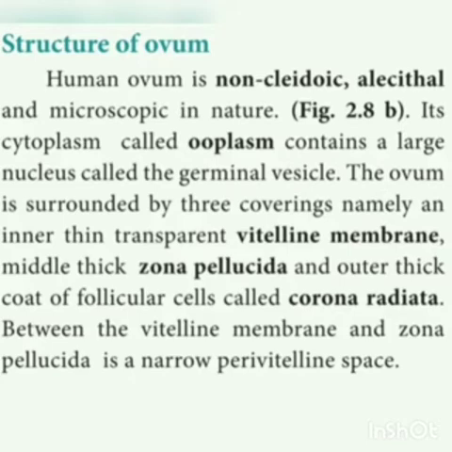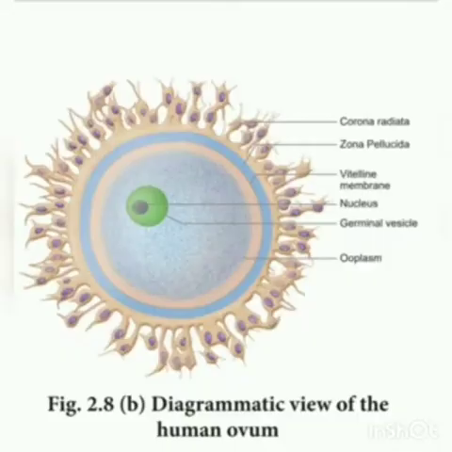It consists of a nucleus. The ovum is surrounded by 3 coverings. So what are the 3 coverings that surround the ovum? Zona pellucida, vitelline membrane and corona radiata. Between the vitelline membrane and zona pellucida is a narrow perivitelline space. So you have to write this and you have to draw the diagram.